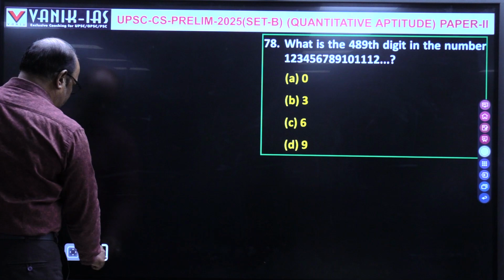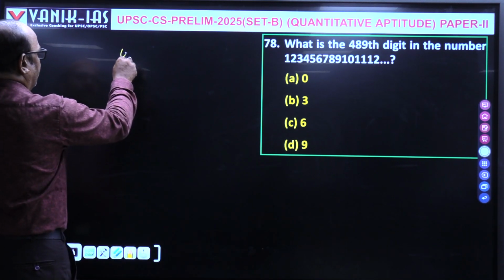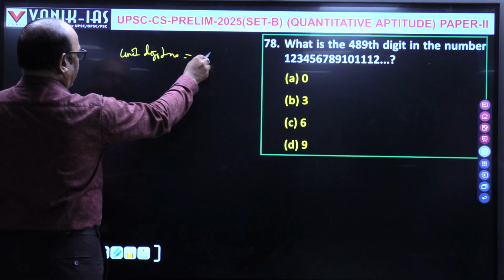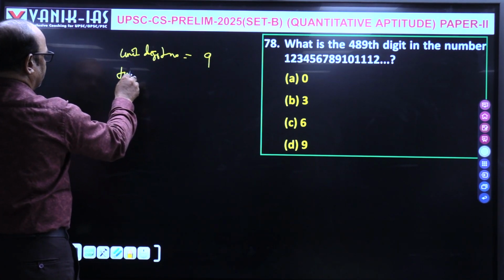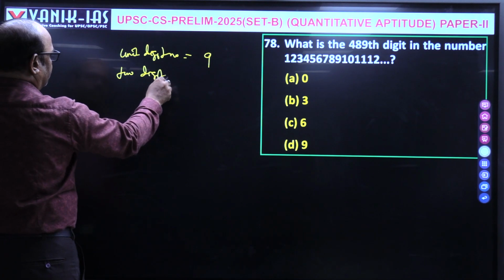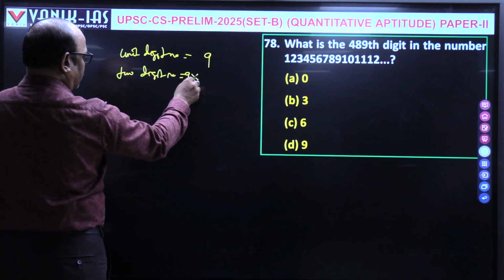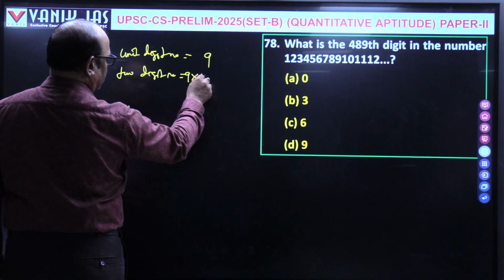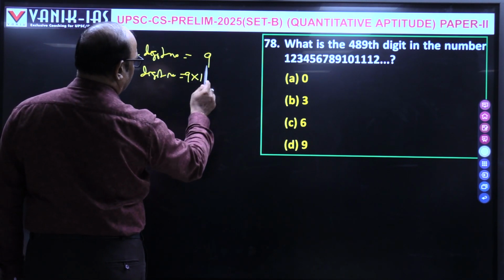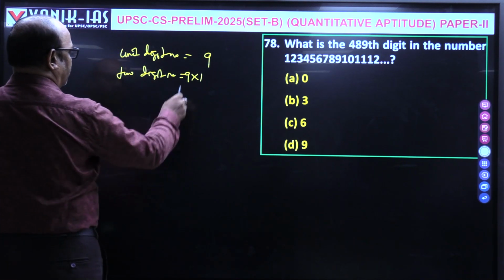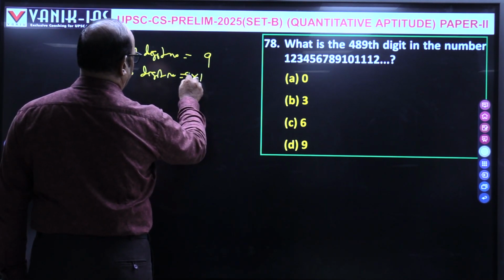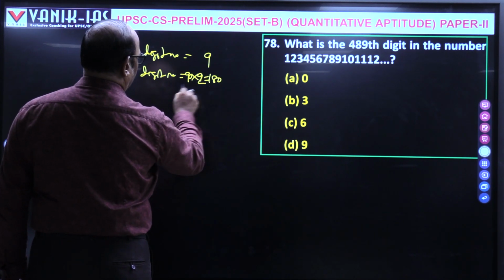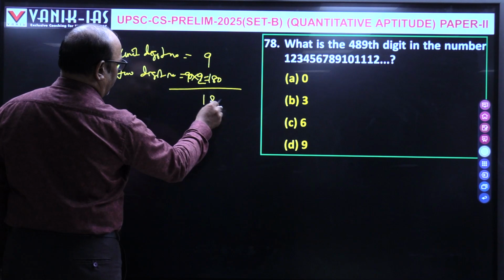First find the single-digit numbers, that is 9 digits. The 2-digit numbers, that is 90 into 2, 180. So the total number of digits becomes 189.